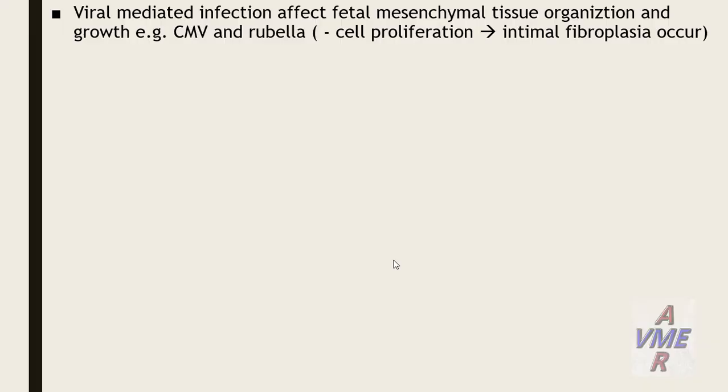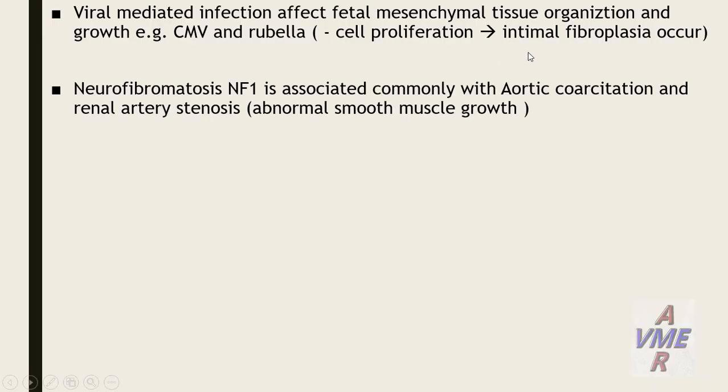Another theory is viral-mediated infection affecting fetal mesenchymal tissue organization and growth. Cytomegalovirus and rubella inhibit cell proliferation and affect the intimal proliferation, causing intimal hypoplasia. Neurofibromatosis type 1 is also commonly associated with aortic coarctation and renal artery stenosis.